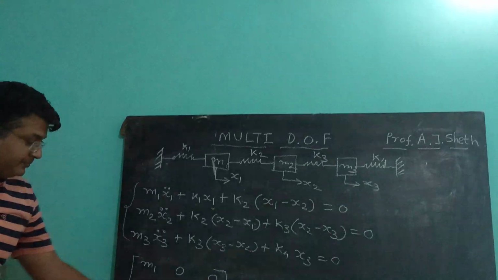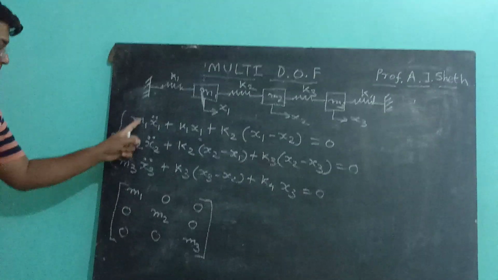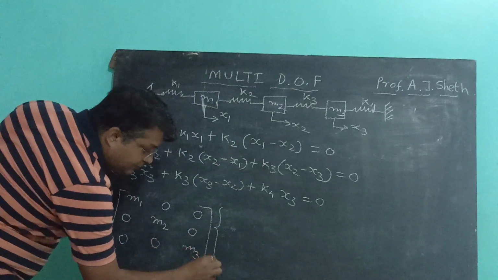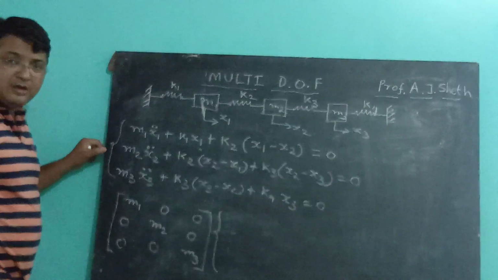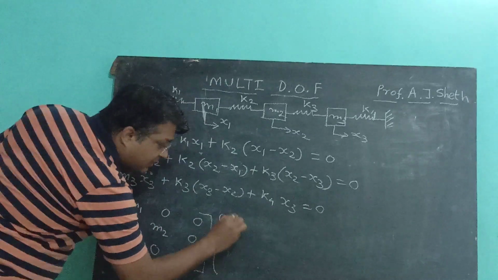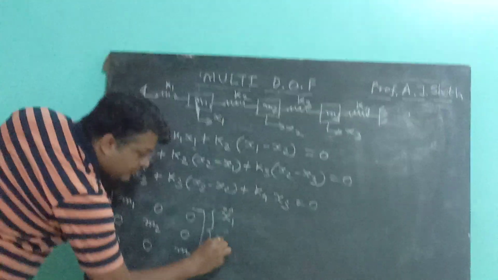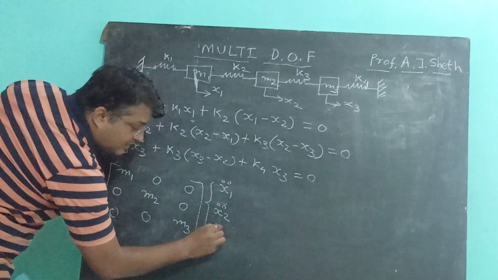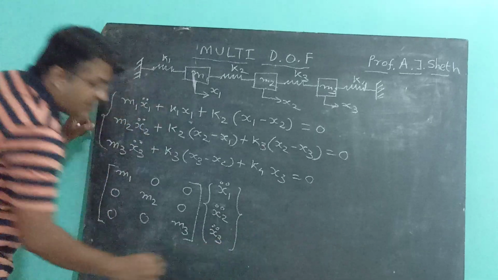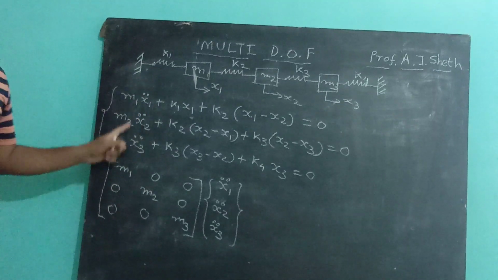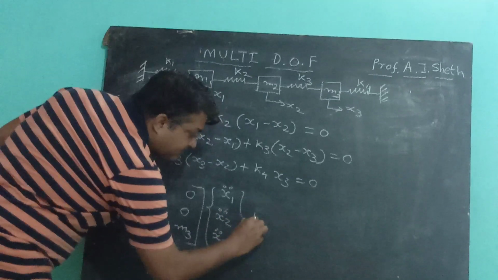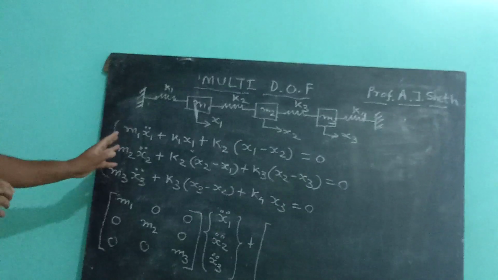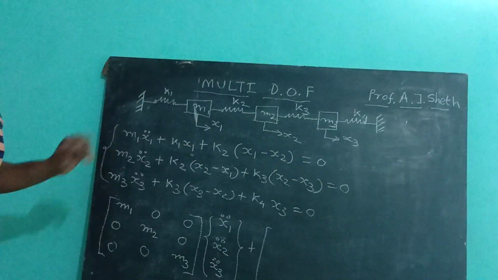Now the mass matrix is multiplied by acceleration. So mass m1 multiplies x1 double dot in the column vector, for m2 it is x2 double dot, for m3 it is x3 double dot. Mass into acceleration, this matrix is over. Now the stiffness matrix, this is also very interesting, how to write it in a simple form.